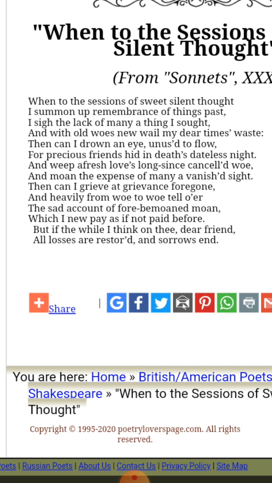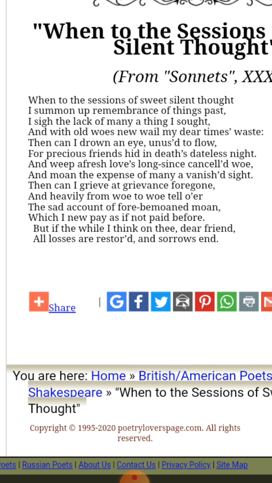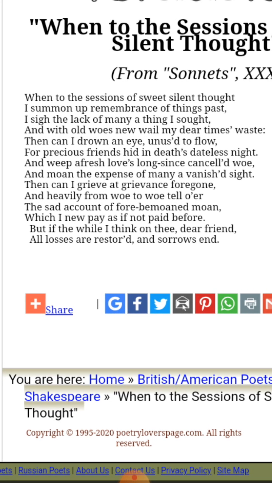So he is wailing, he is weeping over old sorrows, old pains, which have been changed into new, because he has remembered the past incidents of his life, and he's not happy with his past because his past hasn't been so good, so nice.